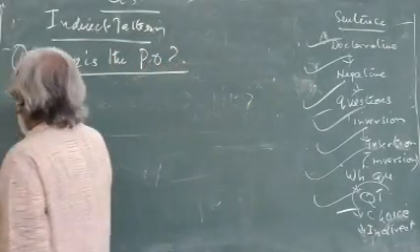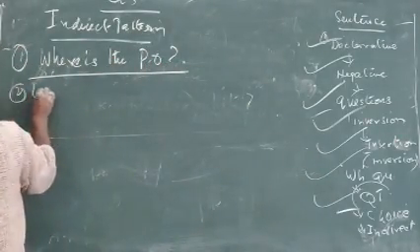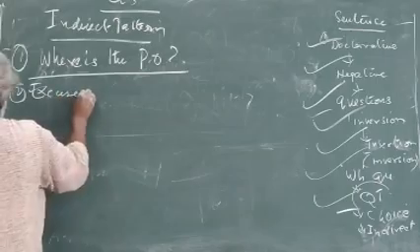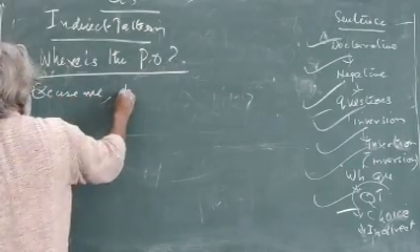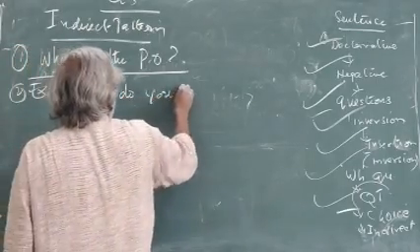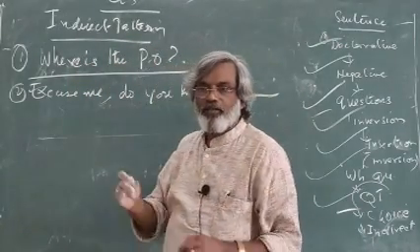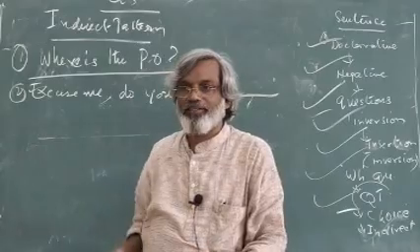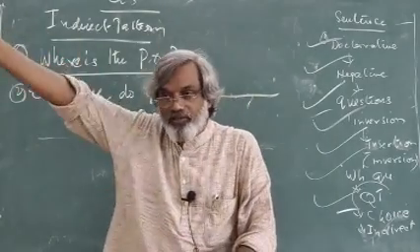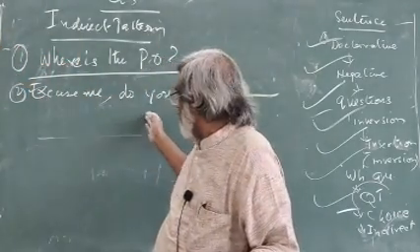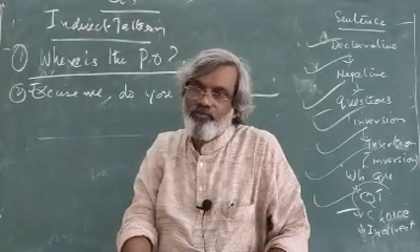Some people say, excuse me, do you know where is the post office? Or, where the post office is? Or, excuse me, do you know where the post office is?